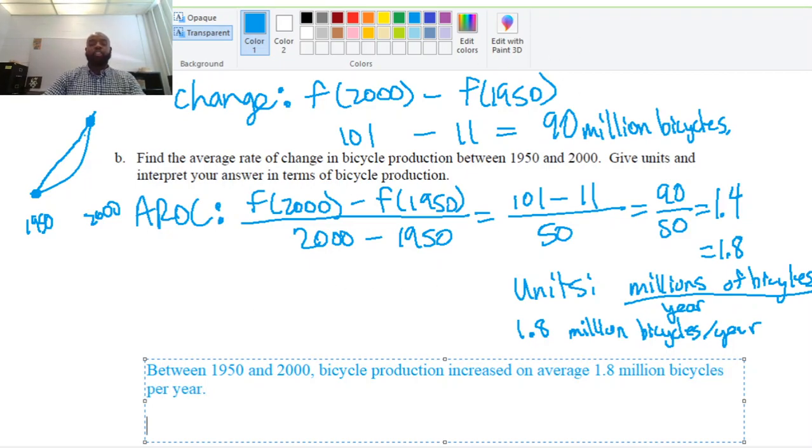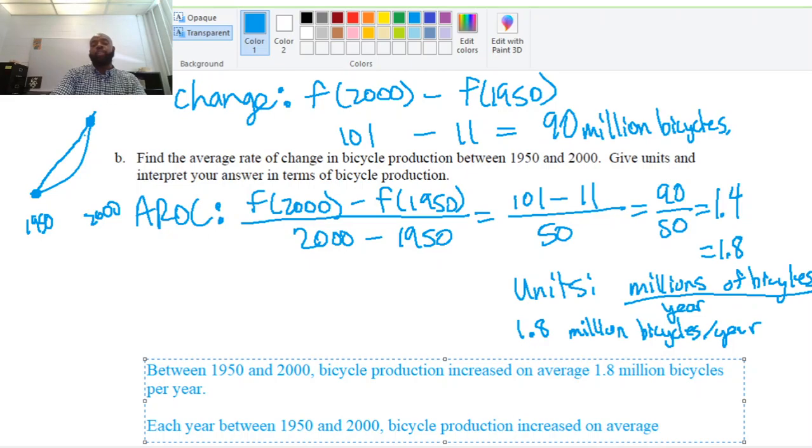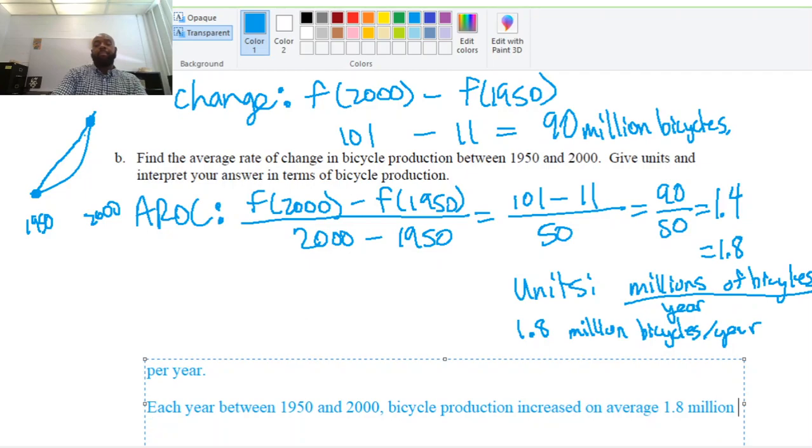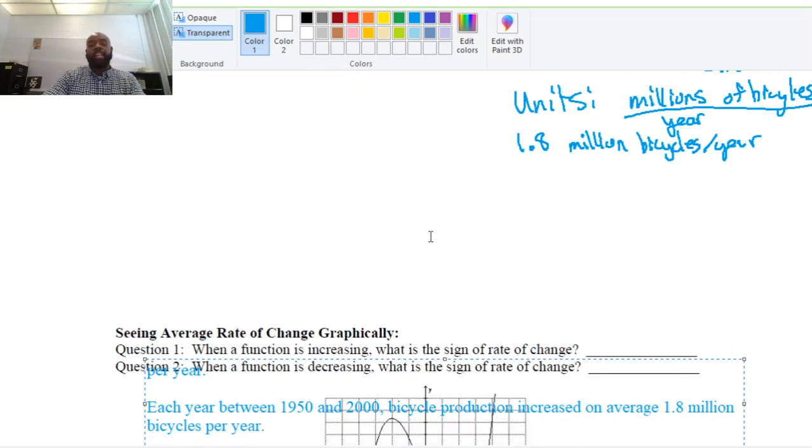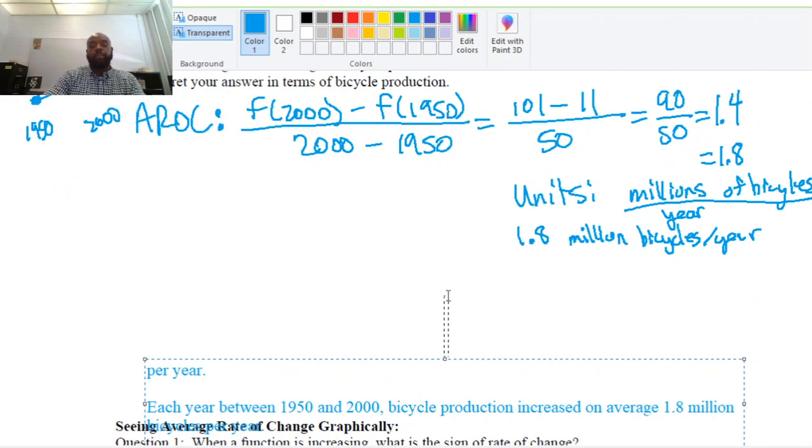All right, an alternative way to say this is each year between 1950 and 2000, bicycle production increased on average, I'm using that on average because we have an average rate of change, 1.8 million bicycles per year. All right, that's an alternative way of saying that, but there we go.